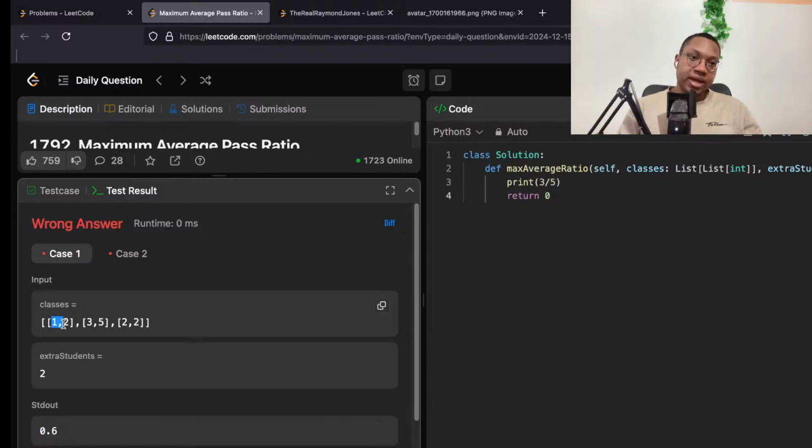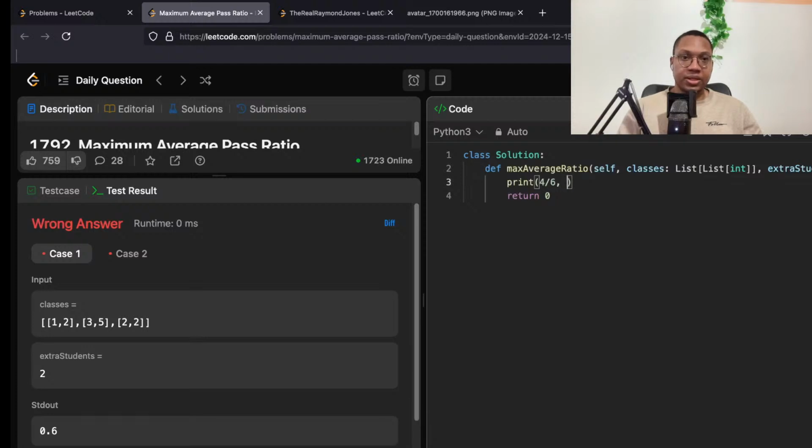So we would just add 1 to here, and that would make it 2/3. And then just add it to this one, which would make it 4/6. 4/6 is just like 2/3, right?